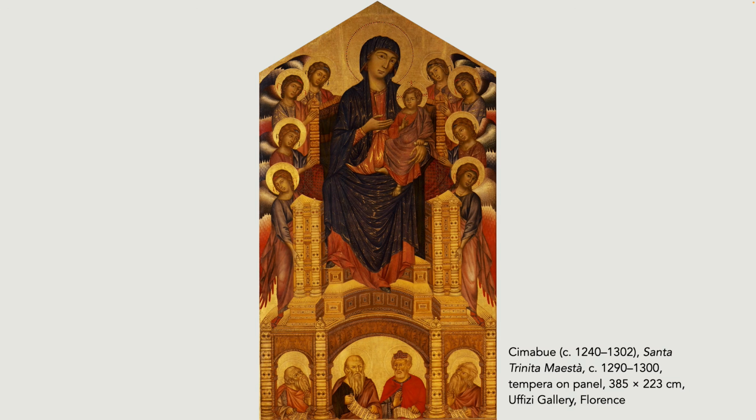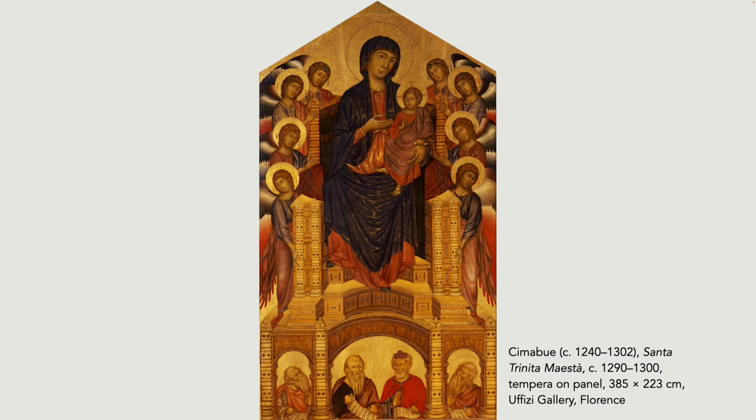It's undergone several restorations, including one in 1890 that returned it to its original pointed form. It had been cut into a rectangular shape, we don't know when. And it highlights the attitude in the 19th century to what they called primitive Italian art.